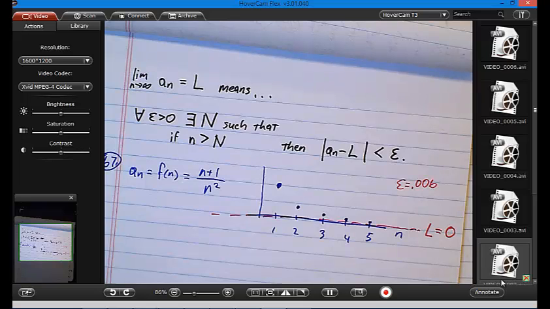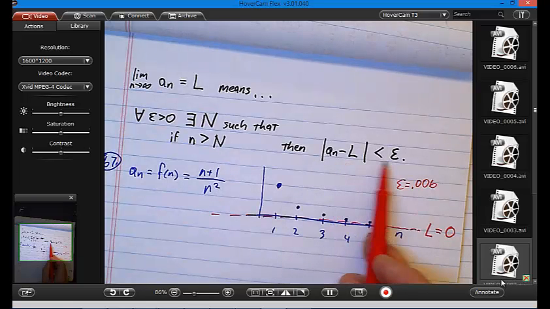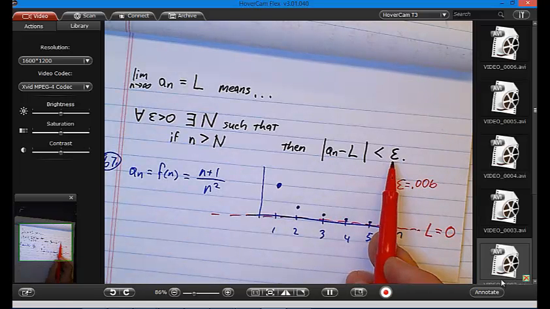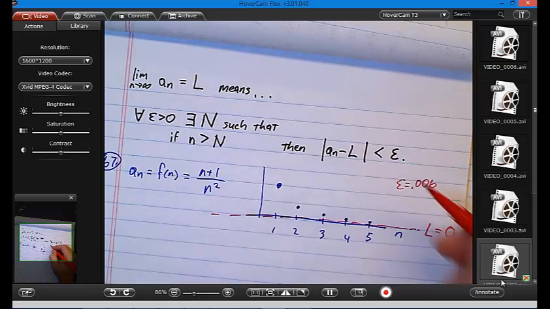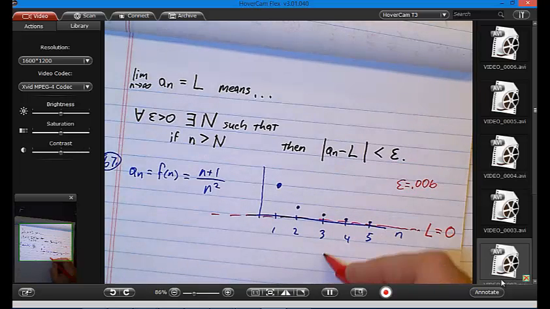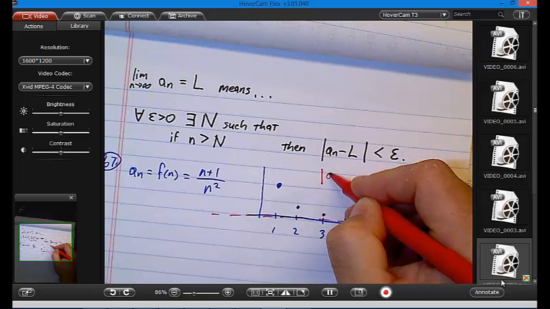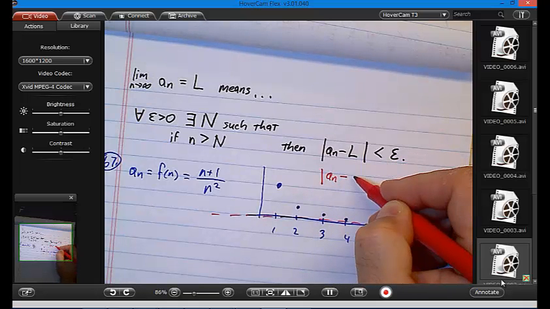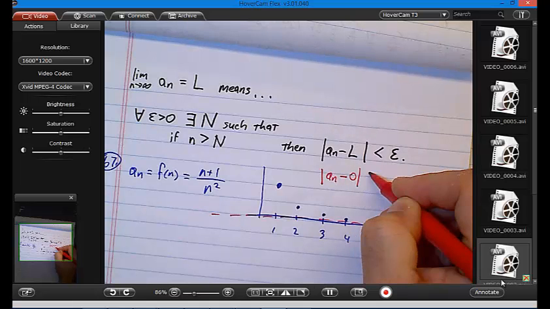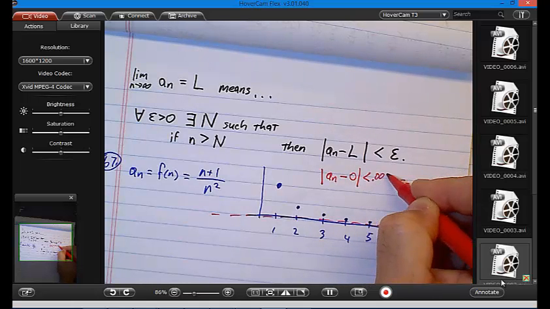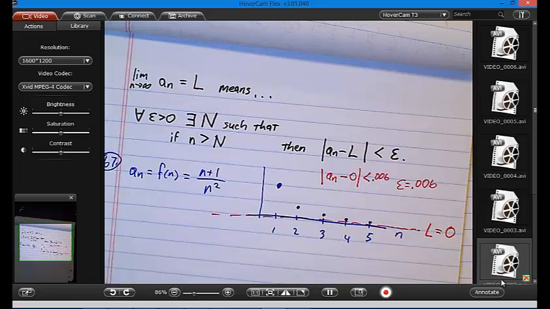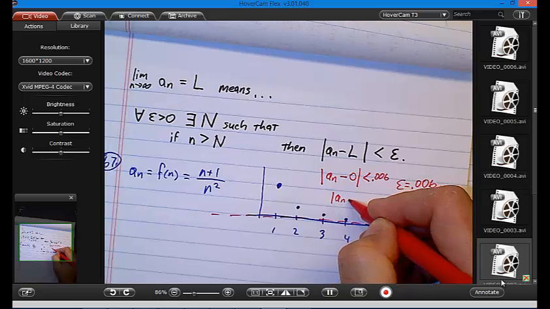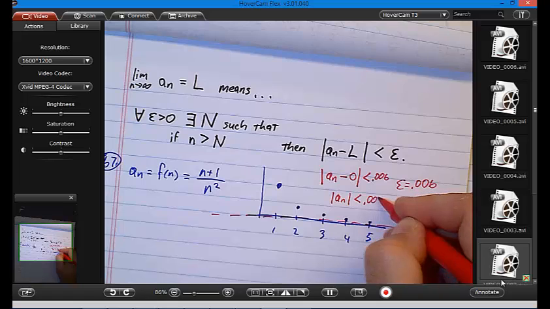okay, well, then could I draw this inequality? We would have a sub n minus, what did I say the limit was? 0 is less than 0.006. This is kind of what we want, right?